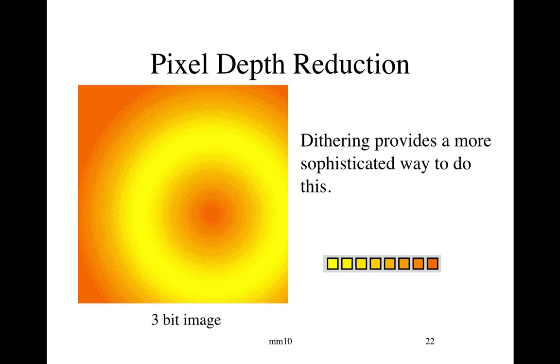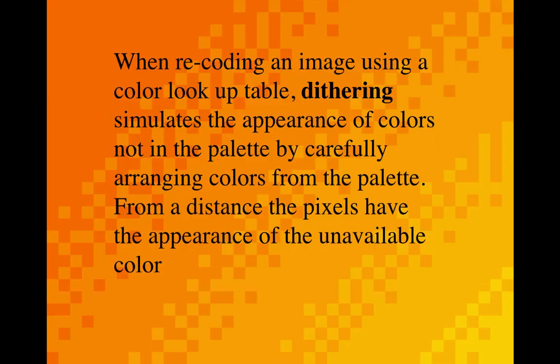And so dithering is a technique we use when the palette is limited. And what we do with dithering is we simulate the appearance of a color that's not in the palette by arranging colors from the palette together in such a way that, from a distance at least, they have the appearance of the missing color.